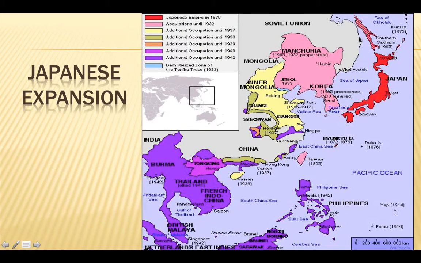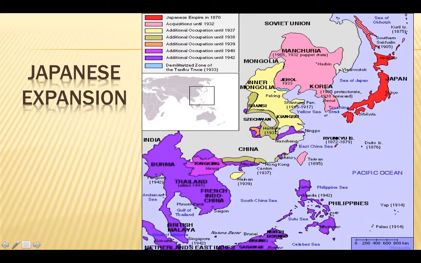And here we see where Japan is, the archipelago of Japan. It's made up of about 100 islands, believe it or not, even though you don't see each one of those. And then we start to see where they're trying to come into Manchuria and Korea, Mongolia, China, and even over here into what is today Vietnam, Thailand.